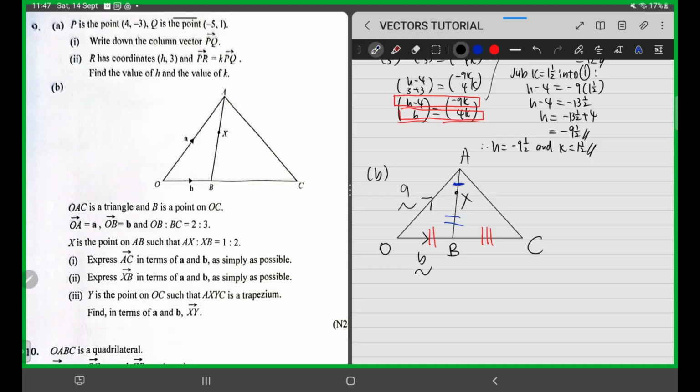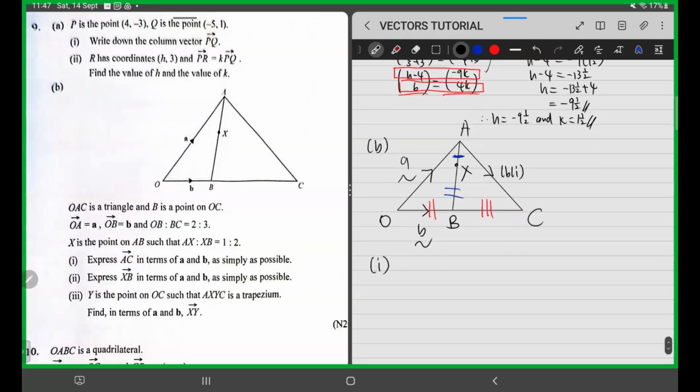Now they say express AC. Now they want us to find what is AC. If you want to walk from A to C, you can walk from A to B and then B to C. So AC is just AB plus BC. And how do you find AB? Look over here.